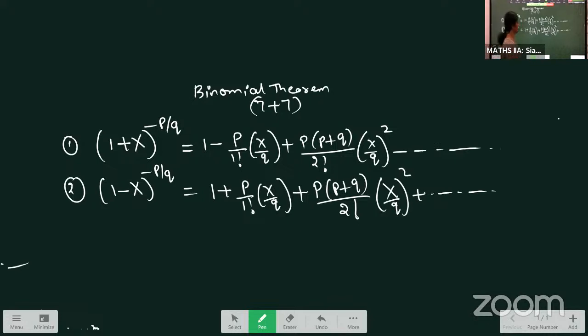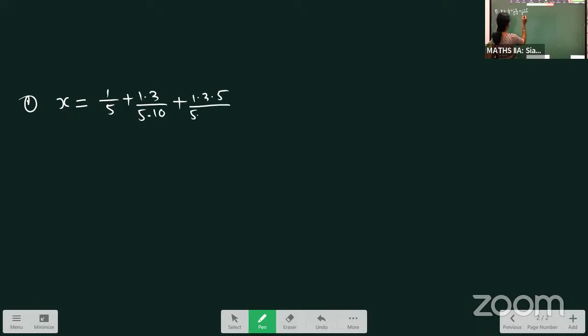Question number 1. In the question it is small x; in the formula we have to take capital X. x is equal to 1 by 5 plus (1 into 3) by (5 into 10) plus (1 into 3 into 5) by (5 into 10 into 15) plus so on up to infinity.